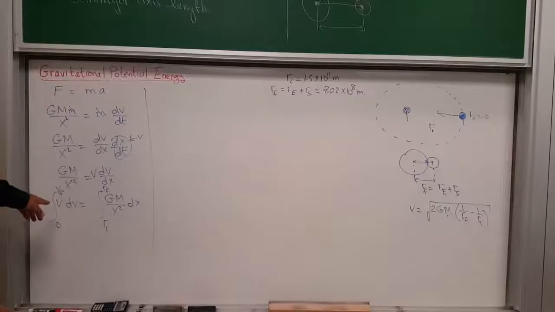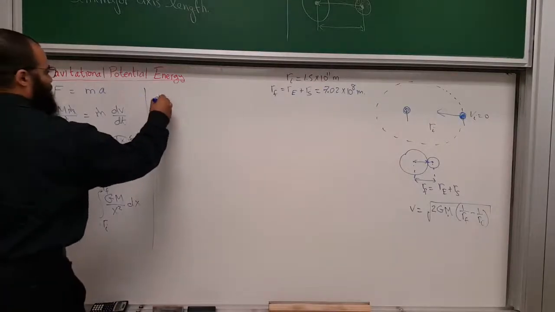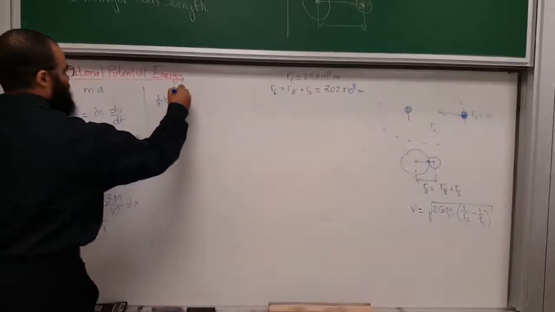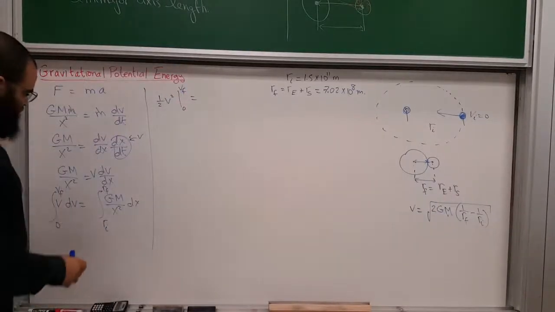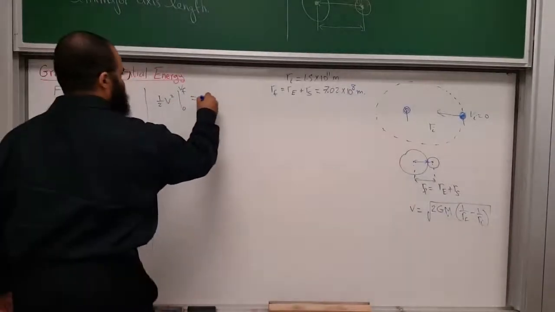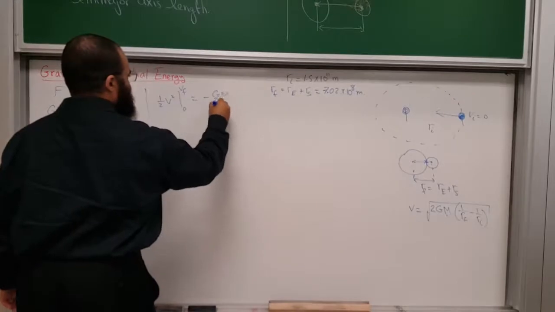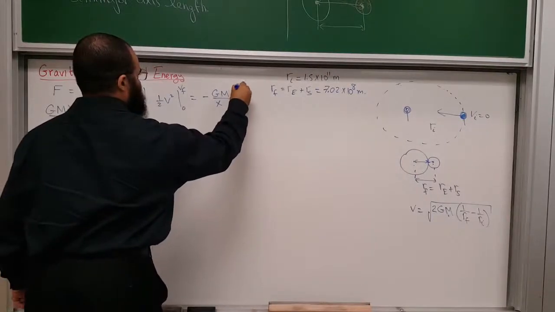You integrate v dv, you get 1/2 of v squared, evaluated between 0 and v final. And when you integrate 1 over x squared, you get negative 1 over x, so this is negative G capital M over x evaluated between r initial and r final.